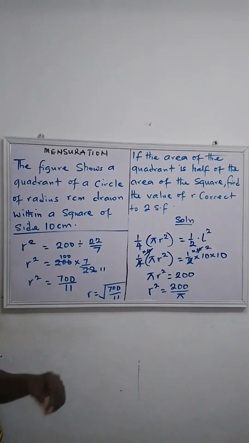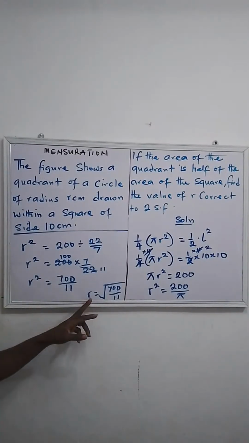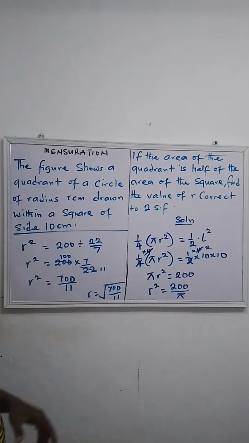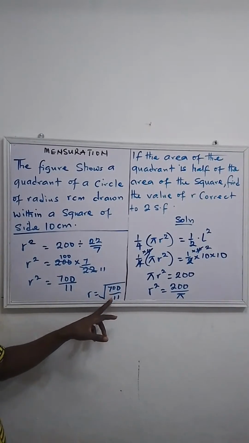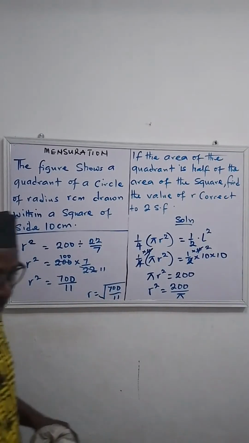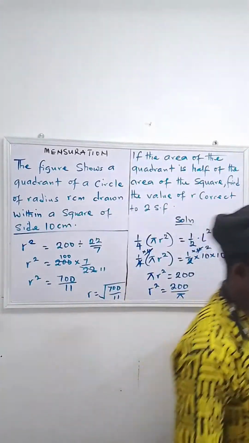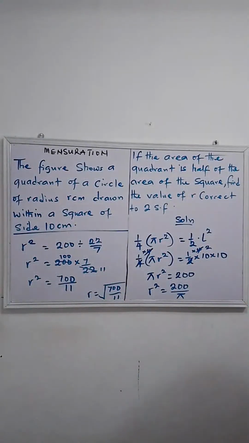I want you to compute that and tell me, drop your answer in the comment section. What is the value of r? So square root of 700 over 11. Okay, so let's see what we're going to have. If you have your answer, you can drop it in the comment section. Let's see what we have for the radius. Before I give my answer, let's see what you have.